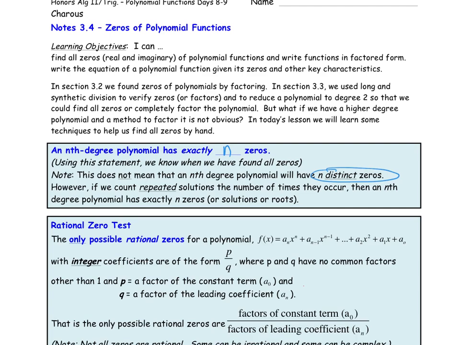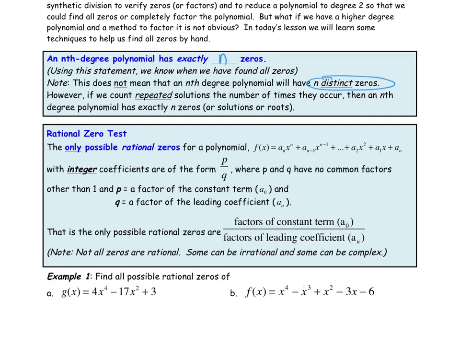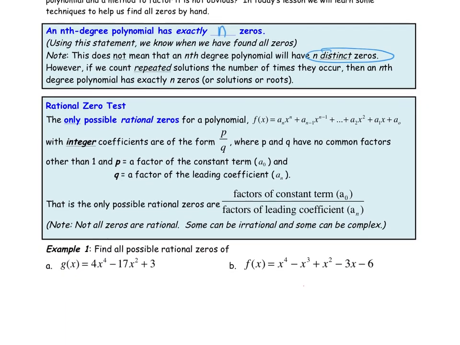So what is this new tool? The new tool is called the rational zeros test. The rational zeros test says that if we're given a polynomial function with integer coefficients, then the only possible rational zeros for that polynomial are of the form p over q, where p and q have no common factors.